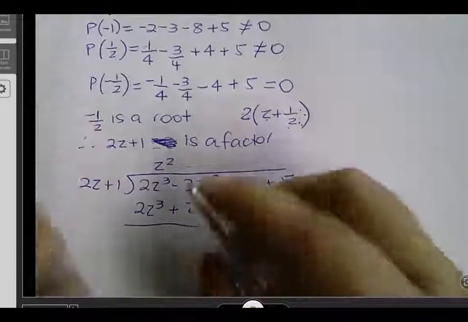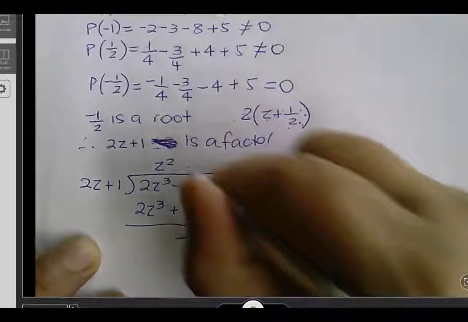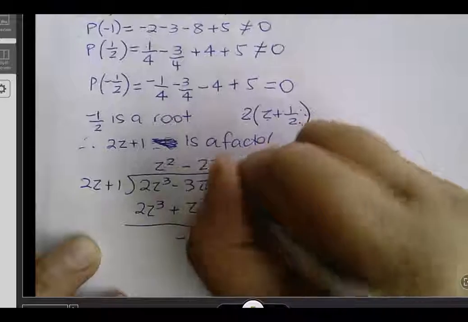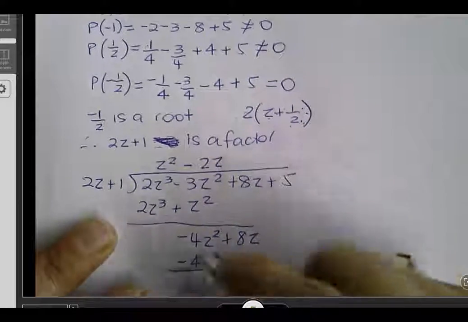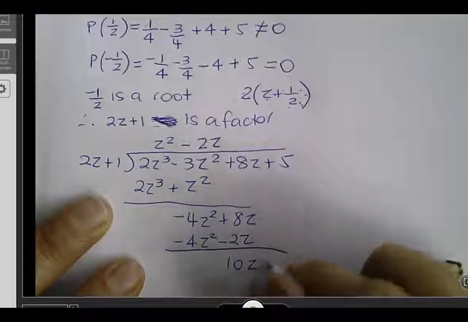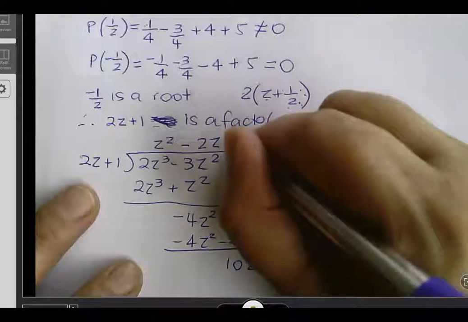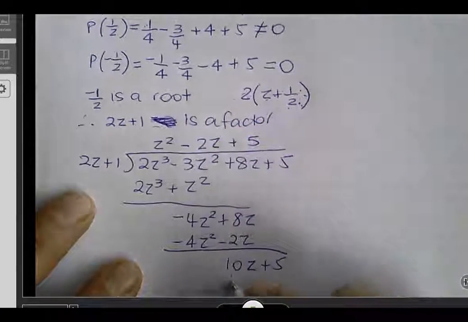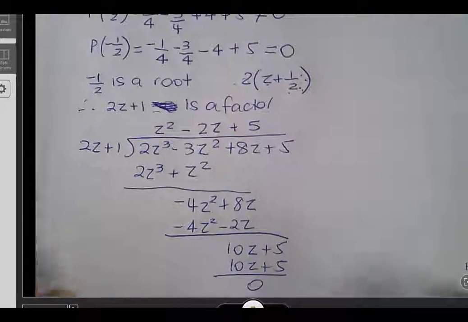Minus 3 minus 1, minus 4z squared. Bring down the 8z. We've got minus 2z. Minus 4z squared minus 2z. Subtract, you get 0 and 10z. Bring the plus 5 down. 10z plus 5. Fantastic, it's 0.